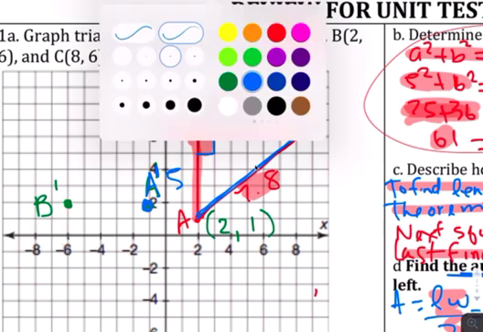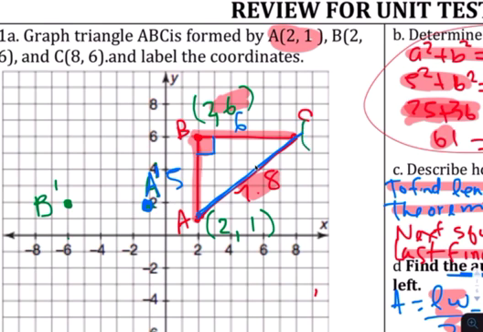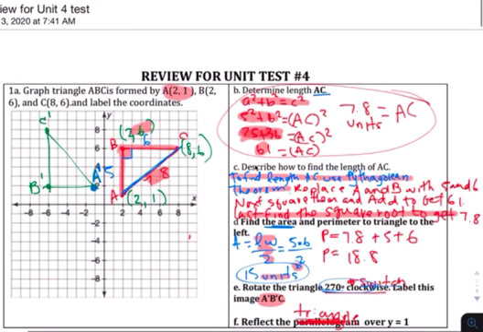C is 8, 6, so it'll be 6, 8. Negative 6, positive 8, that's C prime. Connect them. They're congruent. Notice the shape stays the same, just flipped and moved a tad bit.